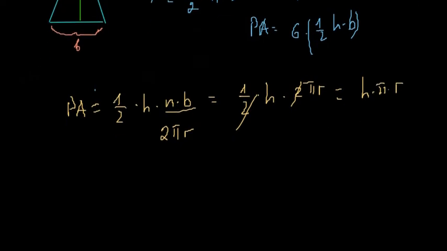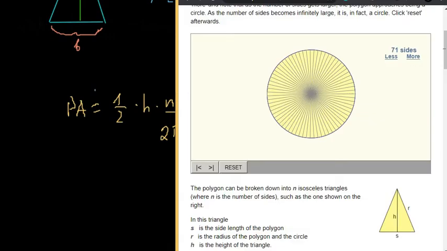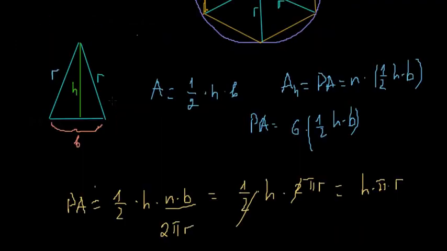The thing is that as n approaches infinity, the radius of the circle and of the polygon is going to be equal, or there's going to be a very small, 0.000000001, amount of difference between r and h, right? So as the number of triangles increases, the difference between h and r is going to decrease.